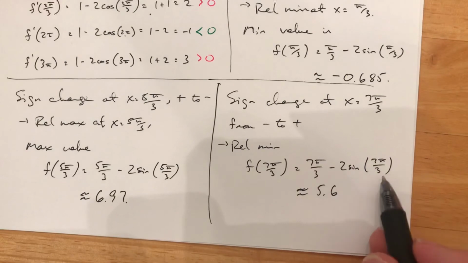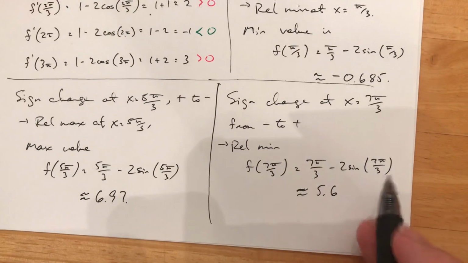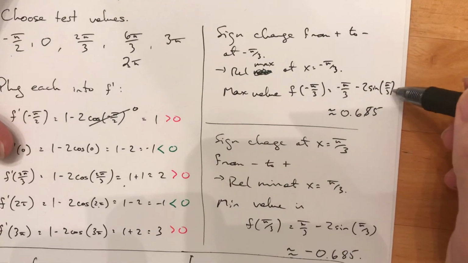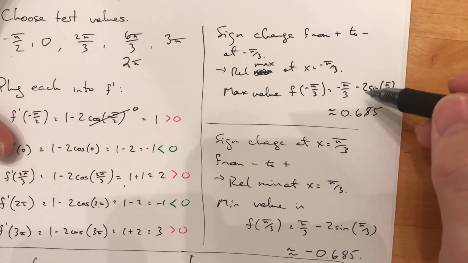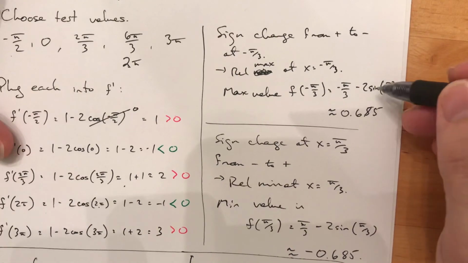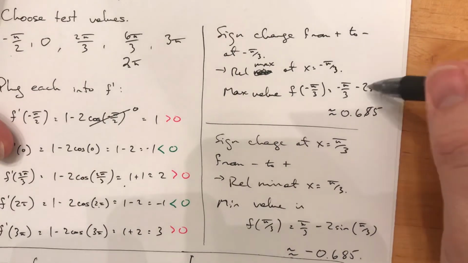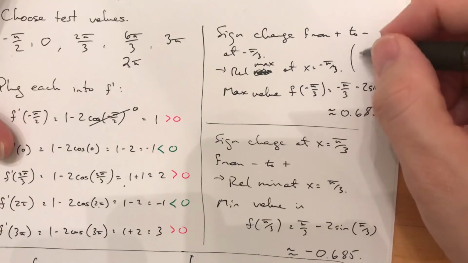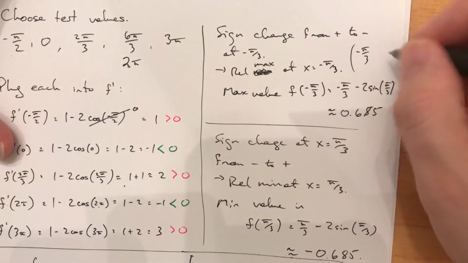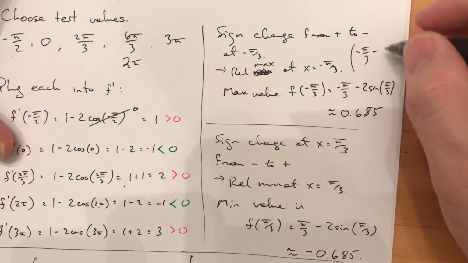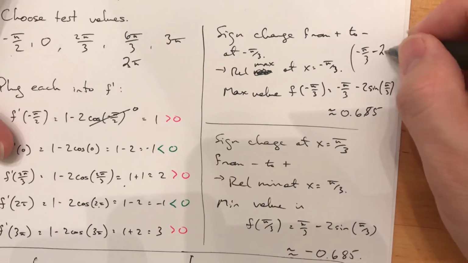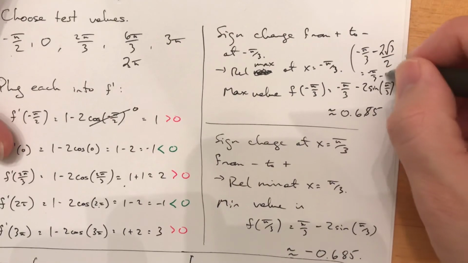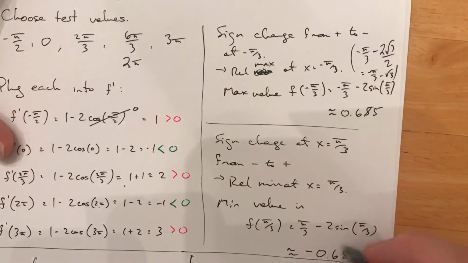In reality, all of these have exact values. The sine of pi over 3 is the square root of 3 over 2. And if we add these up, we're going to get negative pi over 3 minus 2 times the square root of 3 over 2, which is negative pi over 3 minus the square root of 3.